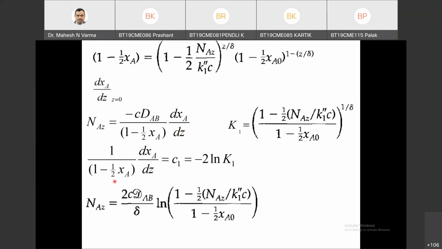You are expected to get the same concentration profile. Is everybody getting this concentration profile?